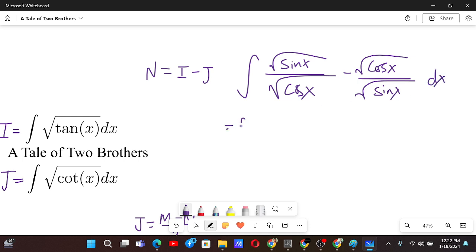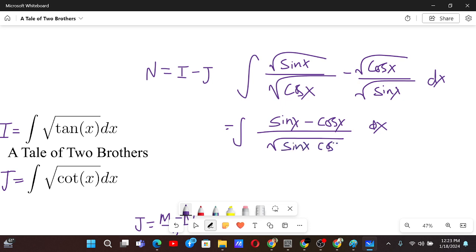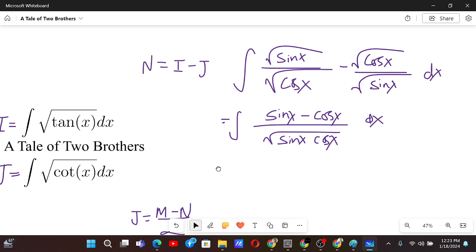Now this is equal to (sin x minus cos x) dx by root under sin x cos x. Now again this is similar.